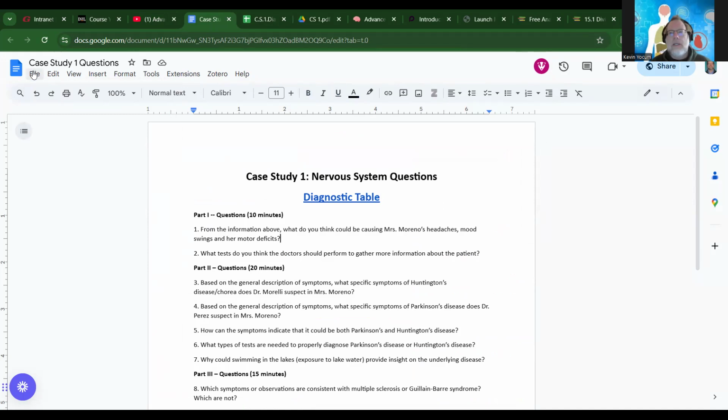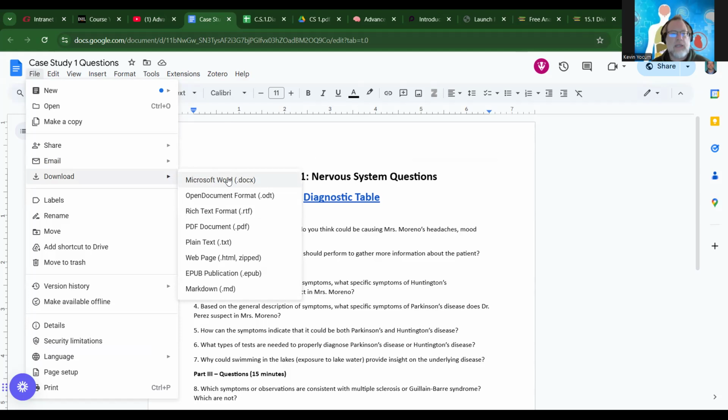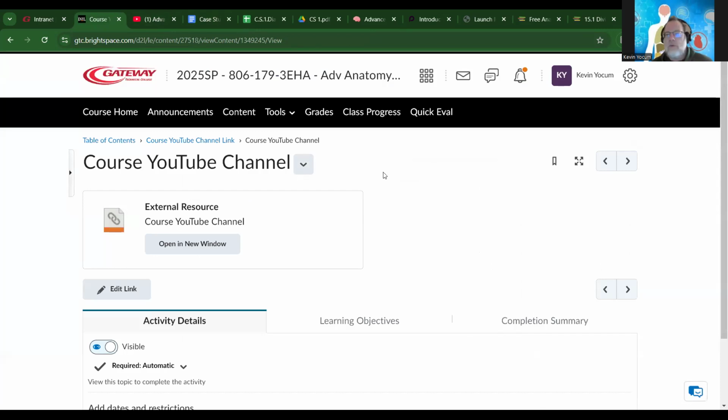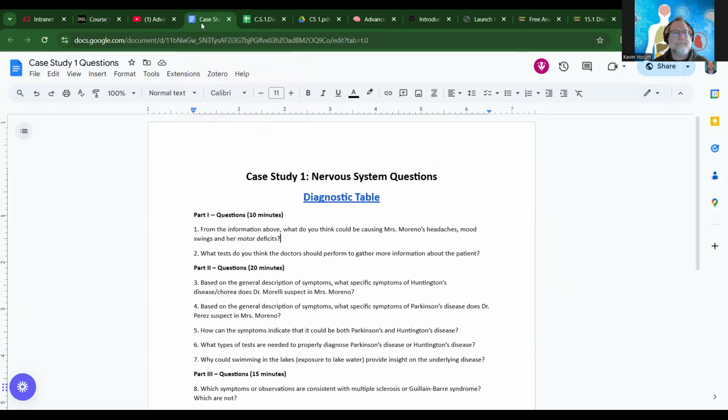By the way, I prefer PDF. Brightspace I found reads PDFs the best. So when you download this as a Word doc, or you make a copy, whatever you do, if you remember, please save it as a PDF, because I have no trouble reading those. So PDF is ideal.